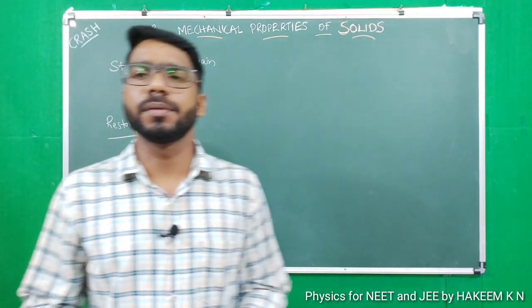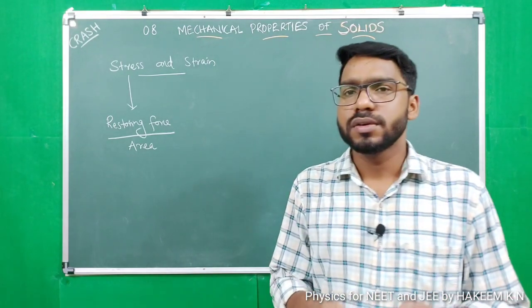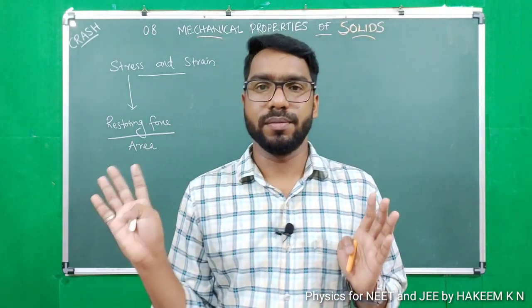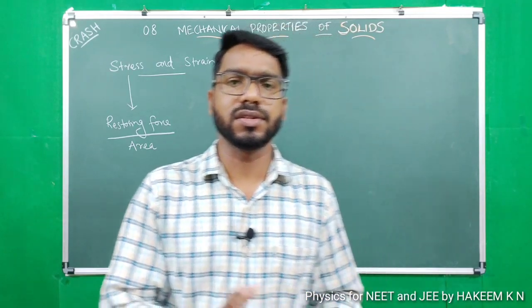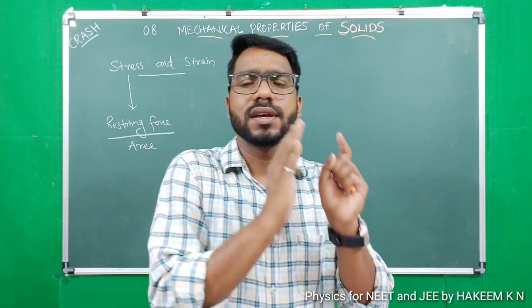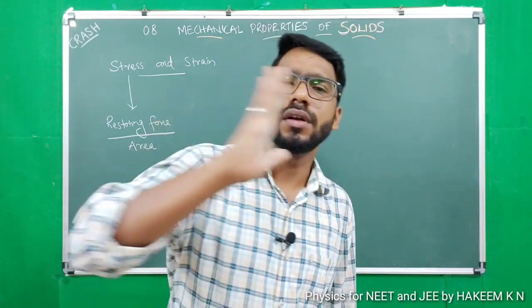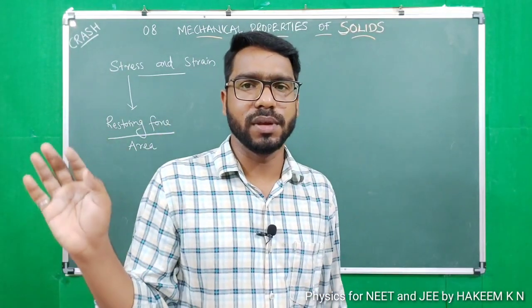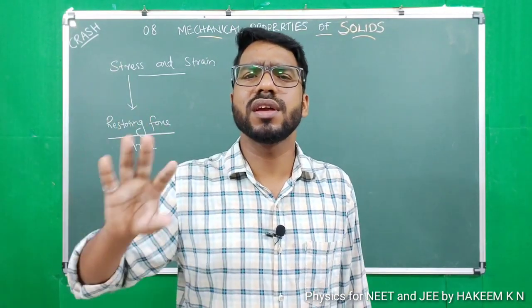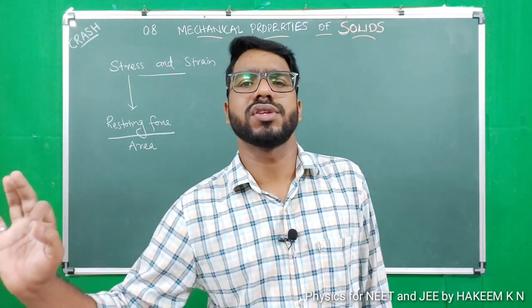Restoring force developed per unit area. So, for a perfect elastic body, the magnitude of restoring force is equal to that of the deforming force. That means the molecules will return to their original conditions.